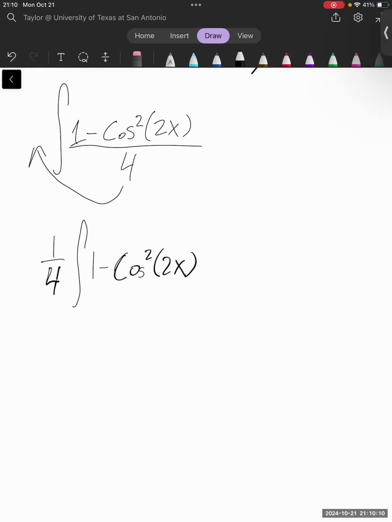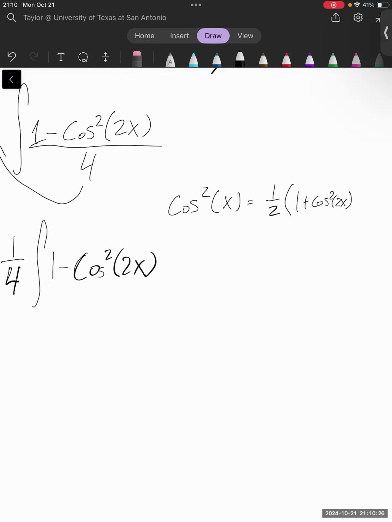Since we know cosine squared x equals 1/2 (1 plus cosine 2x), if I have cosine squared 2x, this just becomes 1/2 (1 plus cosine 4x), since 2 times 2x is 4x.